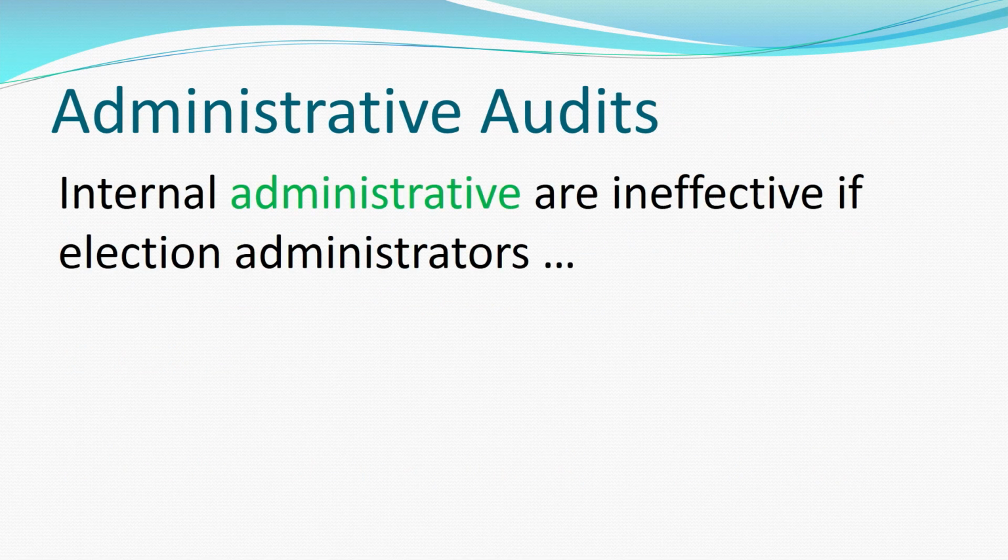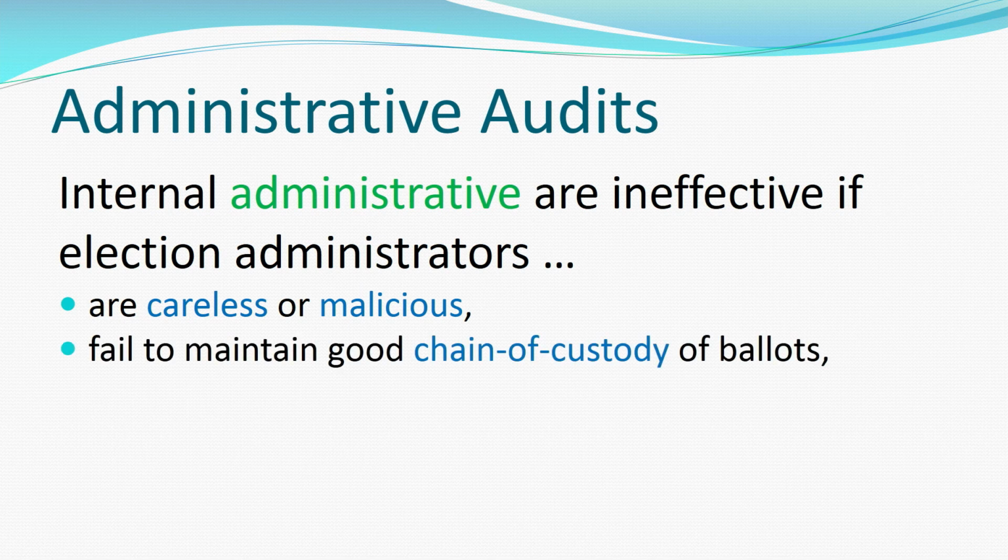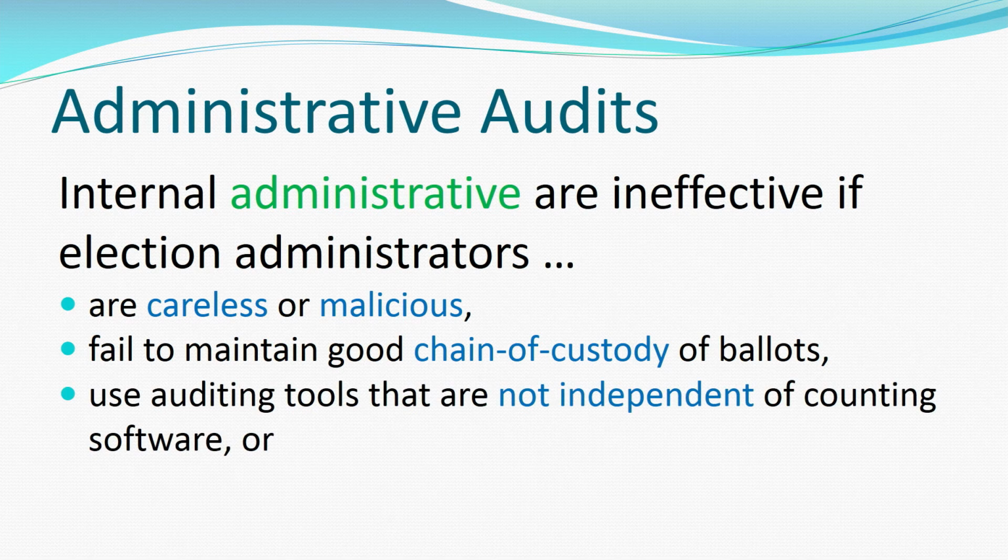In particular, in one of these administrative audits, they're not very effective if the election administrators themselves are careless, if they're malicious, if they don't maintain good chain of custody of the ballots themselves, then it's a problem. If the tools that are used for a risk-limiting audit, say, are not independent of the tools that are used for the initial counting, then you've got a fundamental problem.